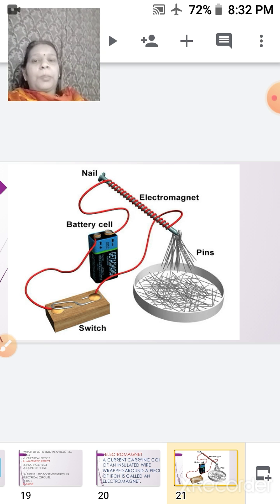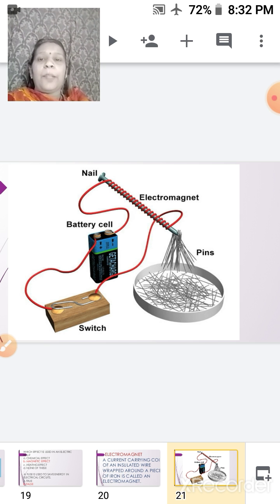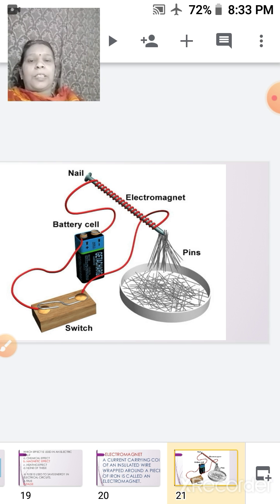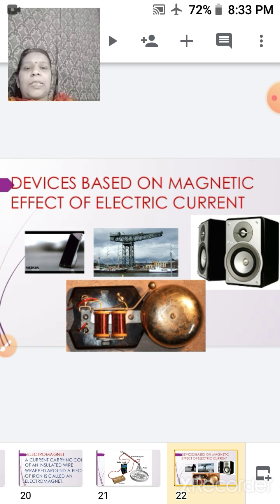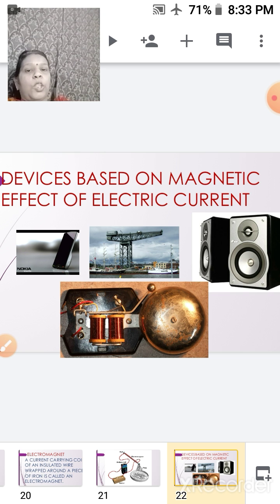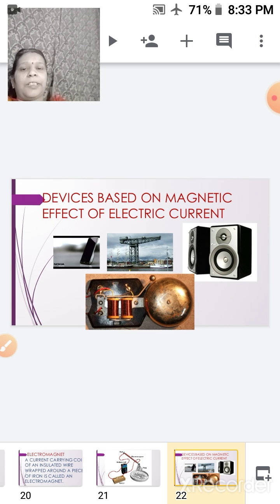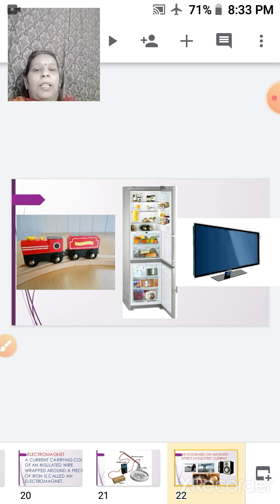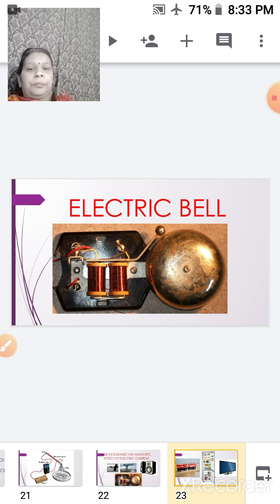Why is it a temporary magnet? Because it behaves like a magnet only till the current is passing through it. These are some of the devices which work on the magnetic effect: your crane, speaker, and electric bell. Even your refrigerator, your toys, and your TV sets.